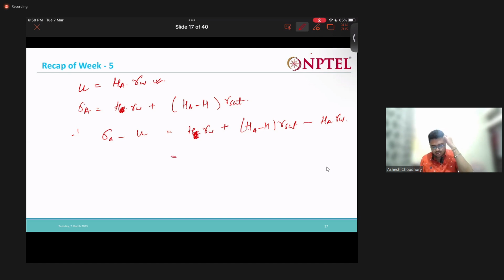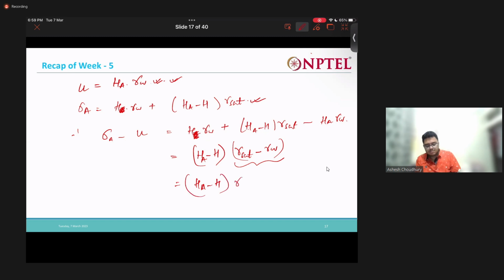So this is my total stress and this is my pore water pressure. Total stress minus the pore water pressure will be nothing but (H minus HA) into (gamma sat minus gamma W). Now gamma sat minus gamma W is nothing but my gamma submerged.